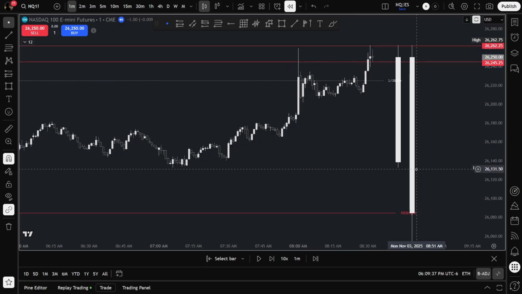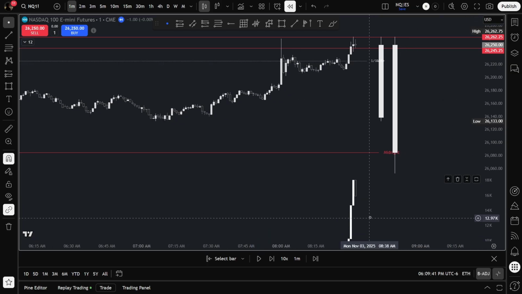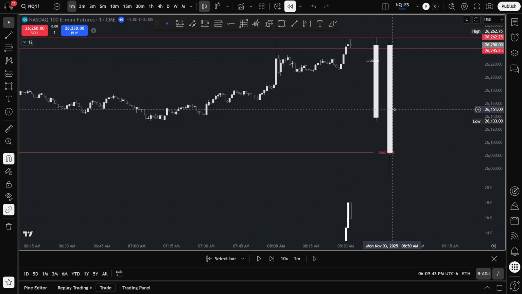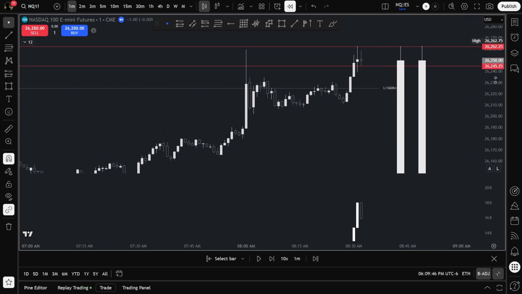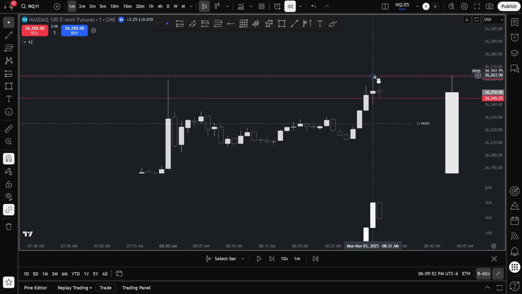So I deleted this SMT. But since we did just tap the negative 2.25 and the negative 2.5, I did see this 1 minute CVD divergence where you set this high and then you didn't sweep out this high.